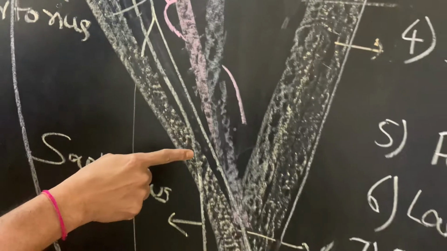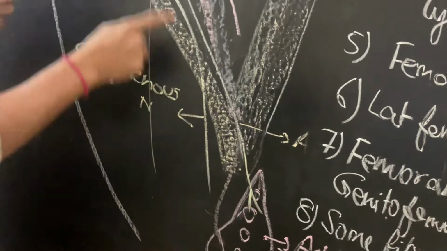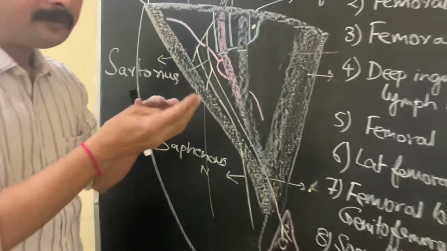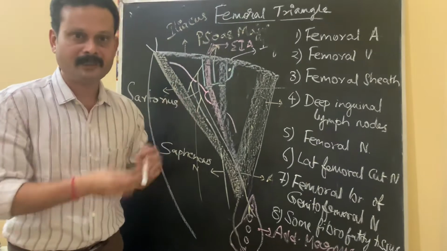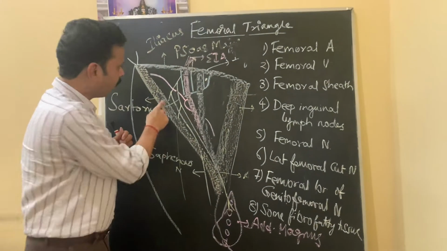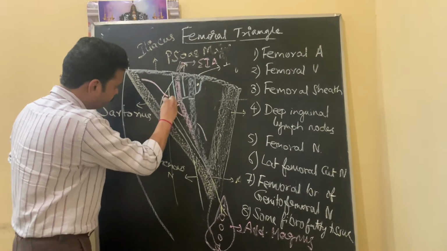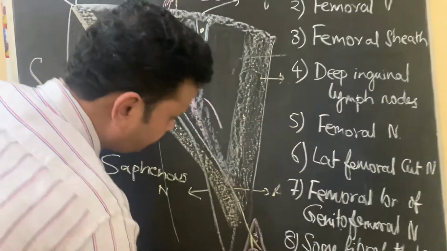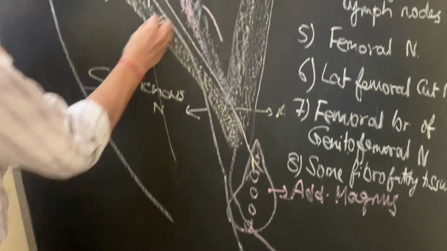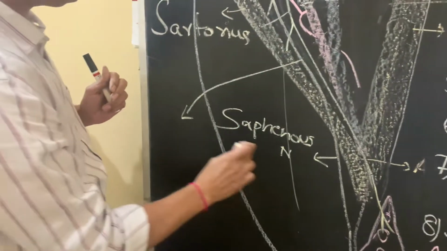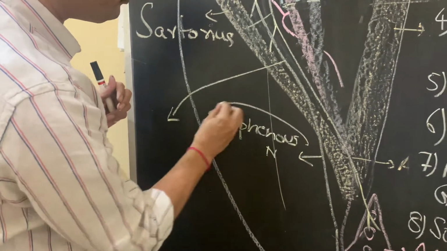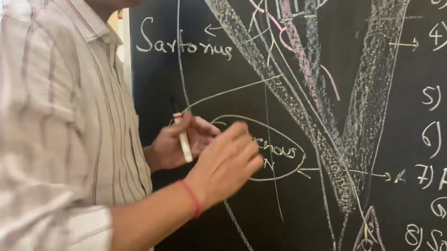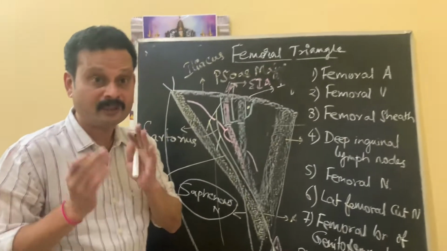This one is the long cutaneous branch and 4 muscular branches. The long cutaneous branch is the saphenous nerve, which is the longest cutaneous nerve in the body.